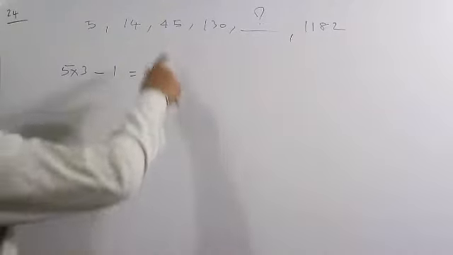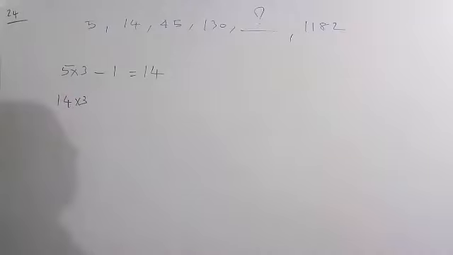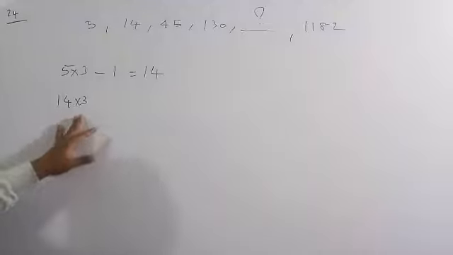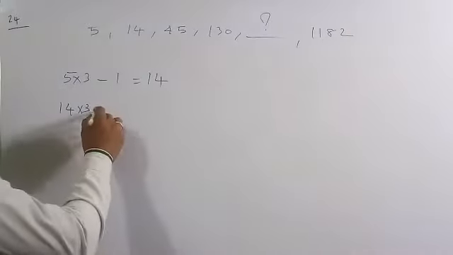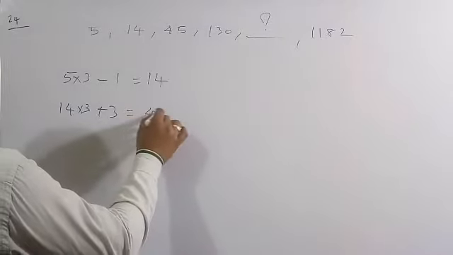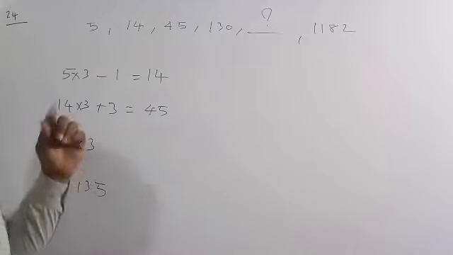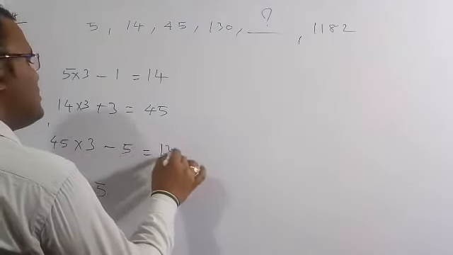Similarly, for 45, you need to do 14 into 3, which is 42, and you need to add plus 3 to get 45. Again, 45 into 3 is 135, but we need only 130, so again minus 5, 130.